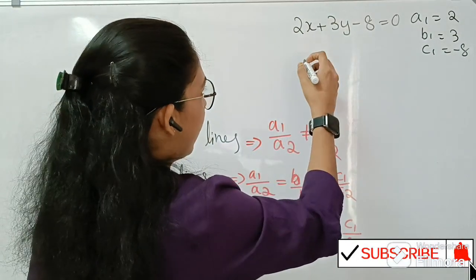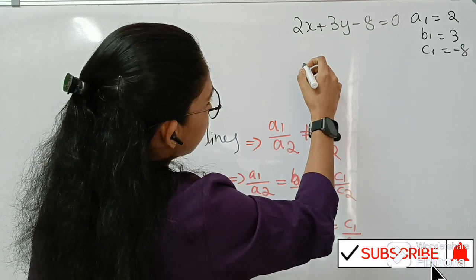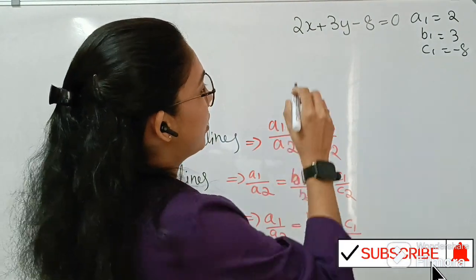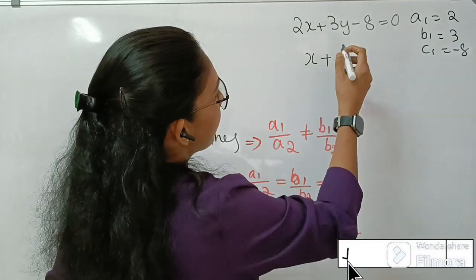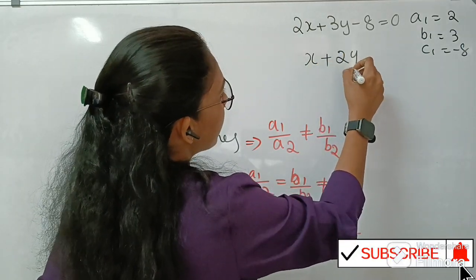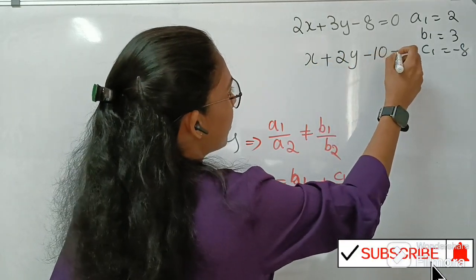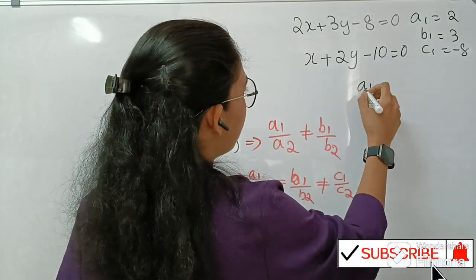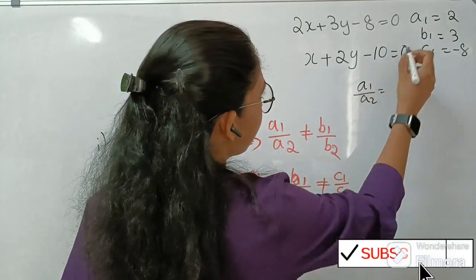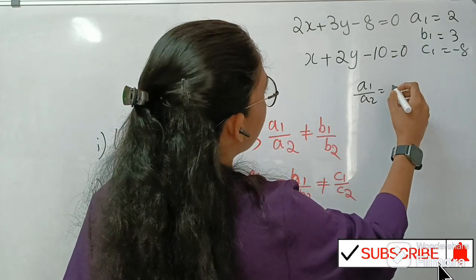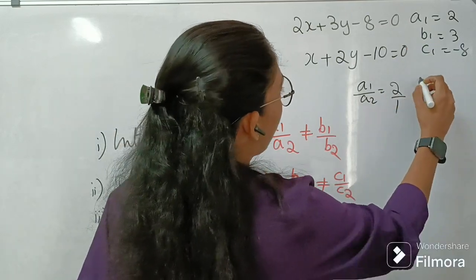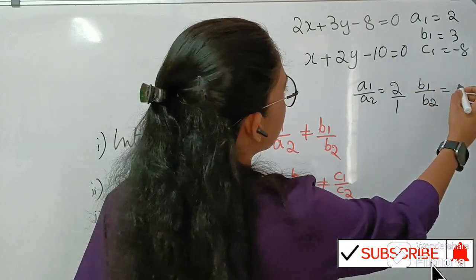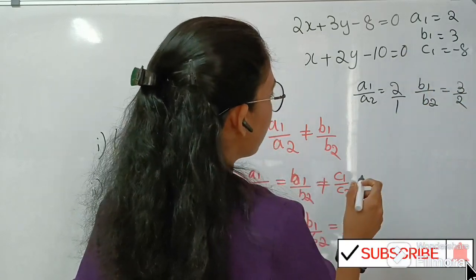So we have to make another possible equation like x plus 2y minus 10 is equal to 0. Let me check. a1 by a2 in this case is 2 by 1 and b1 by b2 is 3 by 2.